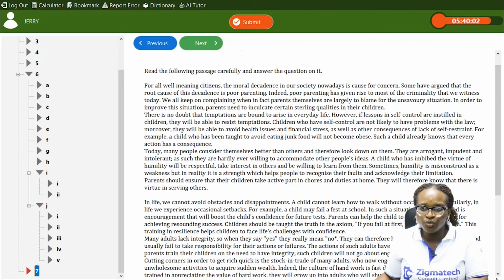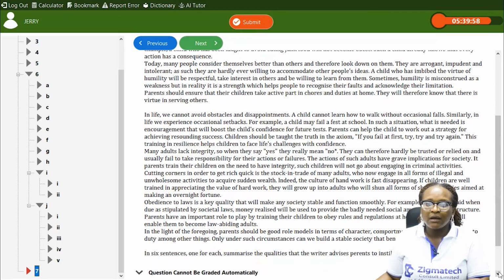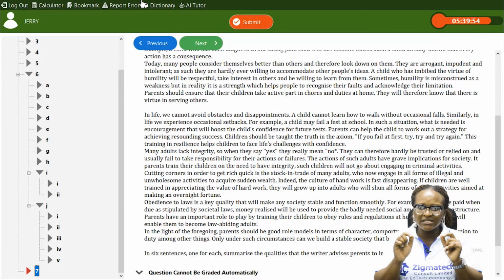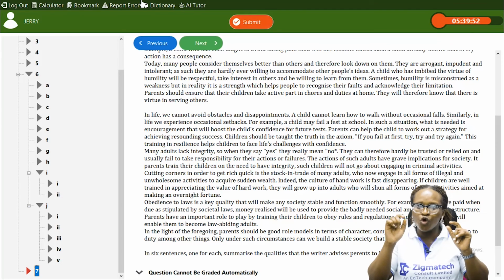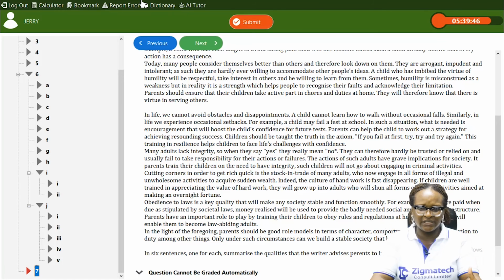What else must I know if I'm attempting summary questions is that I must, of importance, change words. Yes, do not summarize the way the writer has written it.